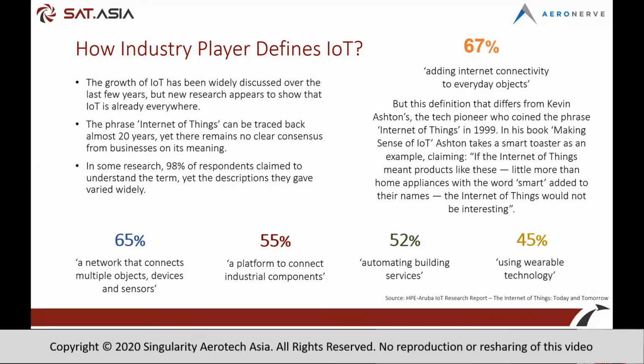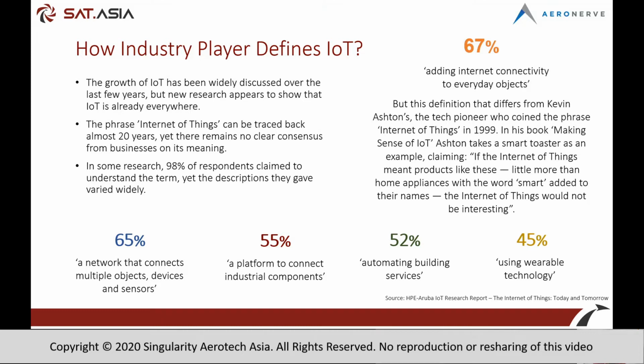IoT goes a step further, where the thing can do things for you, not just inform you. So this is what it really means. Yes, adding internet connectivity to everyday objects is true, but it also means that the things can do things for you.